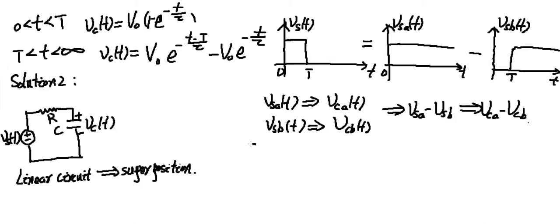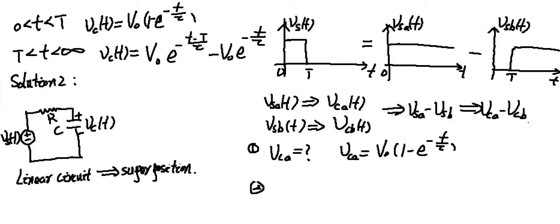So first of all, let's consider what VCA is. Actually, VCA is just the output in response to the step function VSA. This is what we already calculated. That is VCA equals V0 (1 minus e^(-t/tau)), which is shown here.